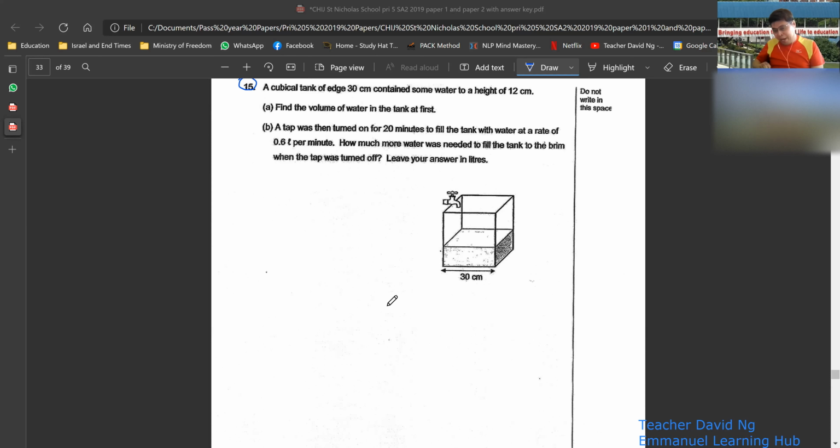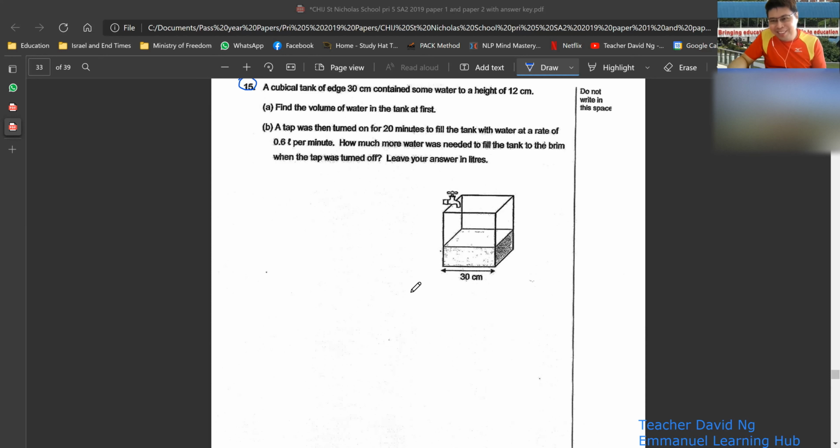Because if you want AL1, you have to understand everything thoroughly. AL1, you must score full marks if you can.